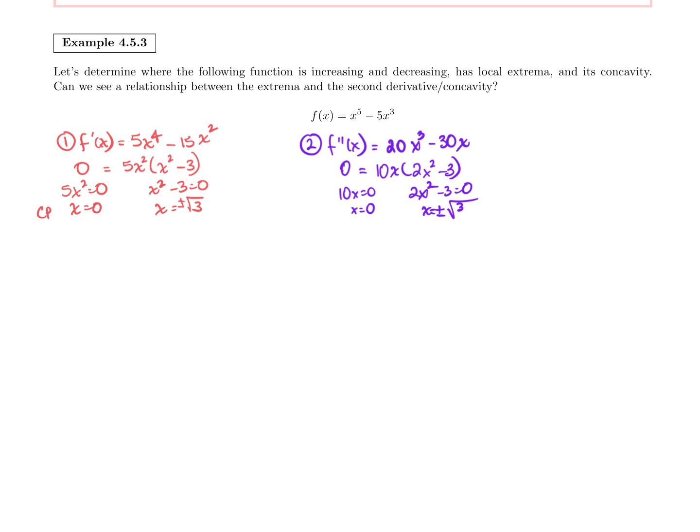All right, let's draw our number line here. And as you might have guessed, we're going to need 2 different number lines. So let's do one for our first derivative, and we'll do one for our second derivative.